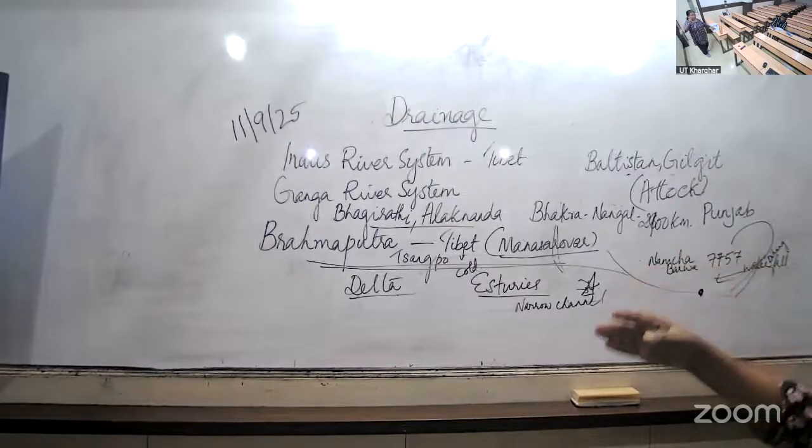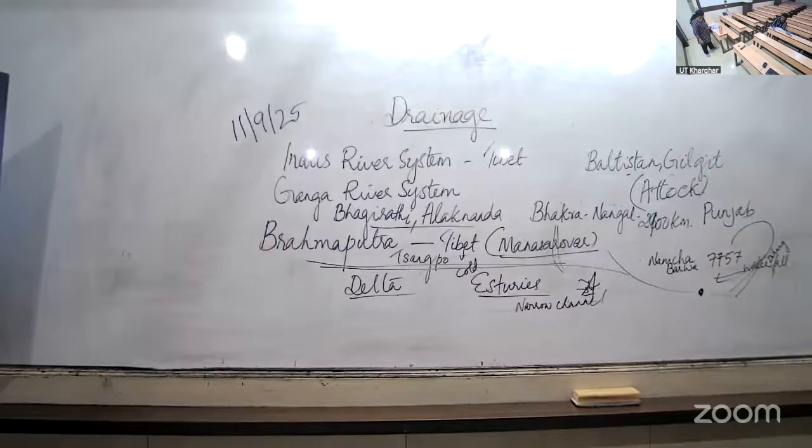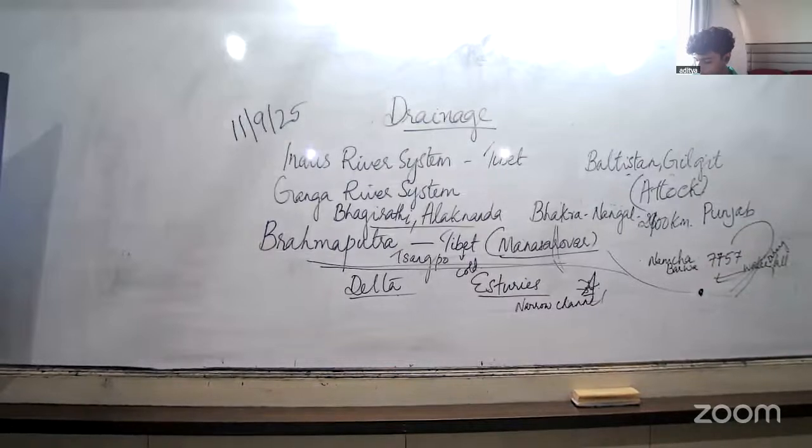Now the Mahanadi Basin. Read. The Mahanadi rises in the highlands of Chhattisgarh. It flows through Odisha to reach the Bay of Bengal. The length of the river is about 860 km.